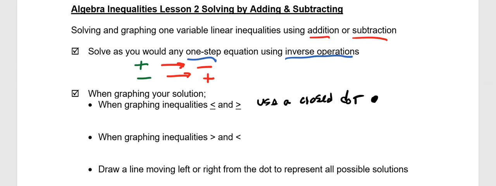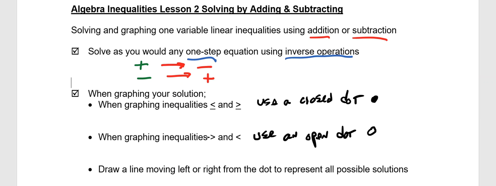And when we're graphing inequalities that are less than or greater than, we'll use an open dot. And remember, that's just a circle that goes above our value on our number line, as we learned today when we were doing graphing in class.